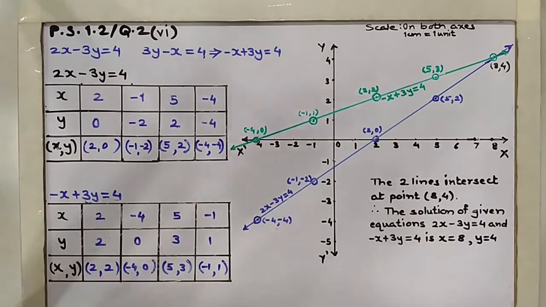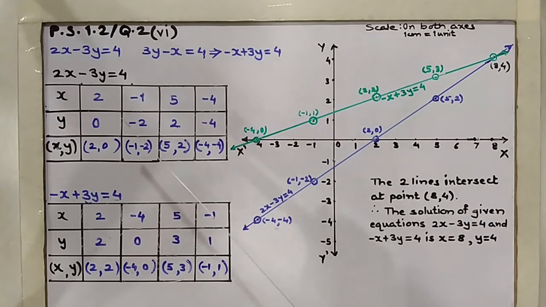Now come to the first equation. Observe the first point. It is (2, 0). The x coordinate is 2 and the y coordinate is 0. As the y coordinate is 0, the point is going to lie on the x-axis.